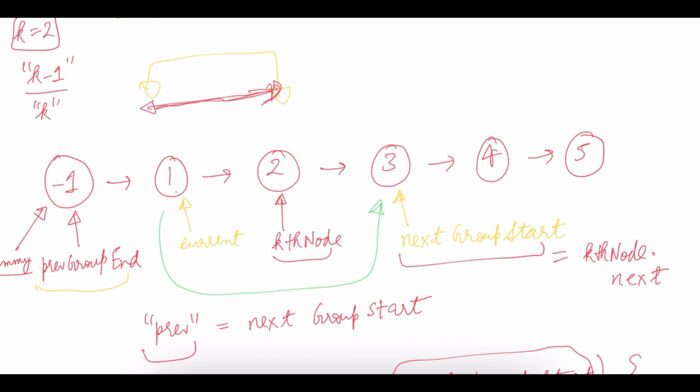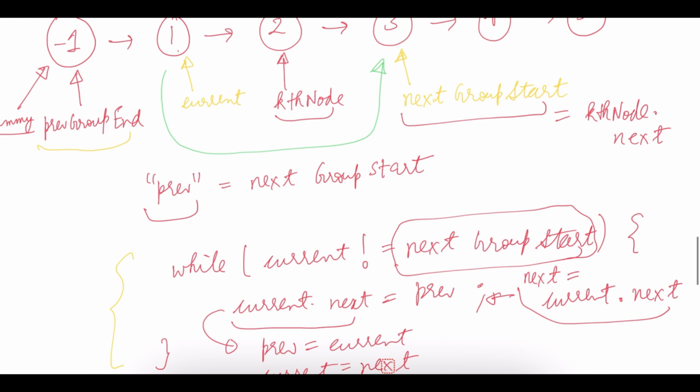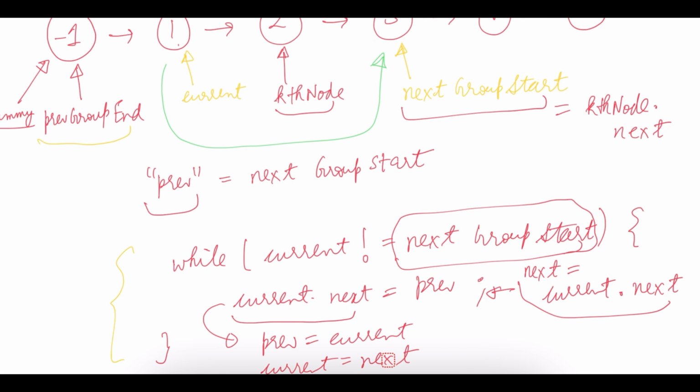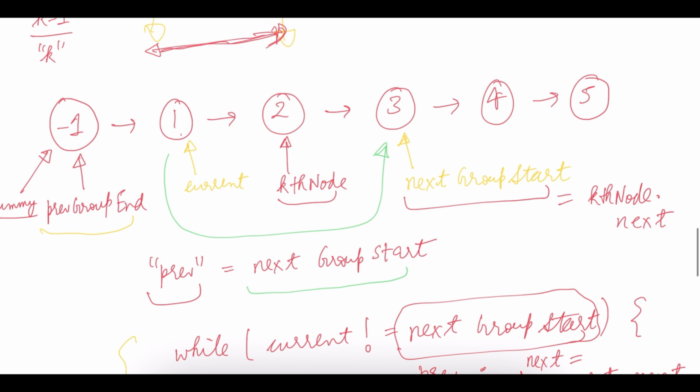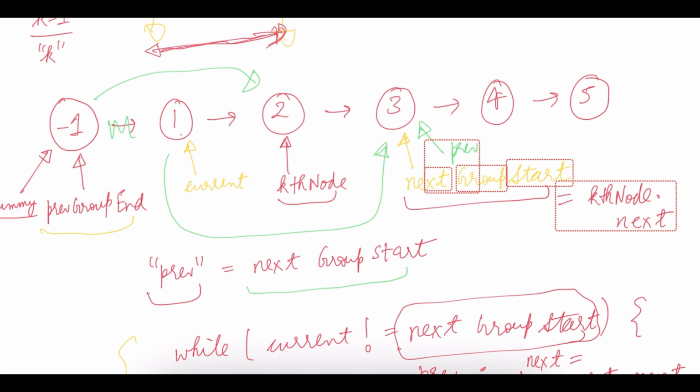Well, we actually did update this when we were reversing our group. As you can see, we started from previous as next group start. That's why we set the previous here, and this also updated our pointers. And the only pointer that we had to update was this to point to node 2.